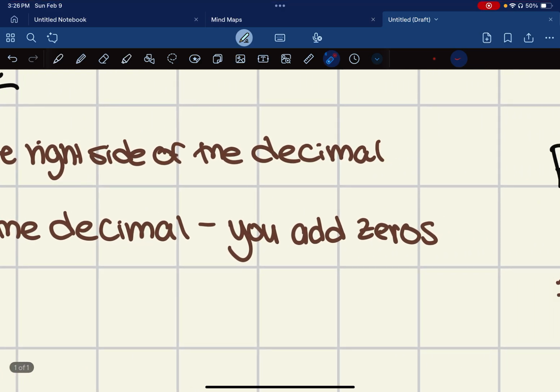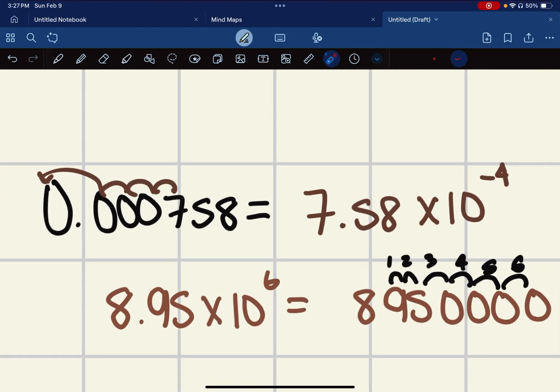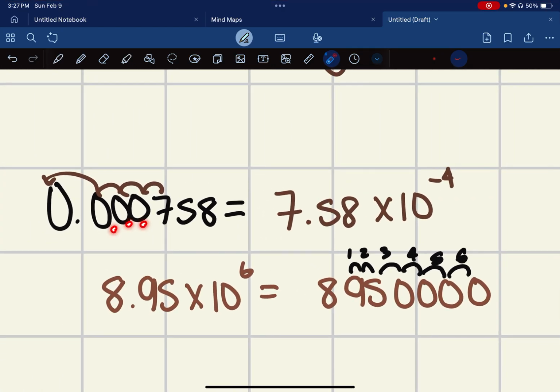And then every time you move it, whether it's to the left or the right, you always have to add zeros. So for example, right here, 0.000758 will equal 7.58 times 10 to the negative fourth power.